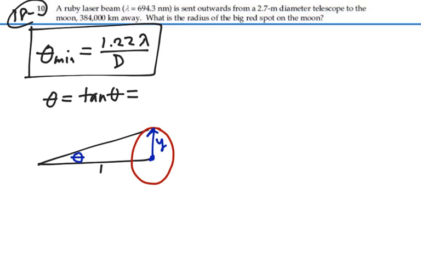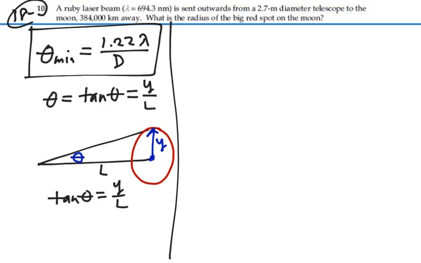With the distance to the moon being L, we can see that the tangent of theta is equal to y divided by L. So for small angles, theta itself will be equal to y divided by L. So we can say that y divided by L is 1.22 lambda over d.